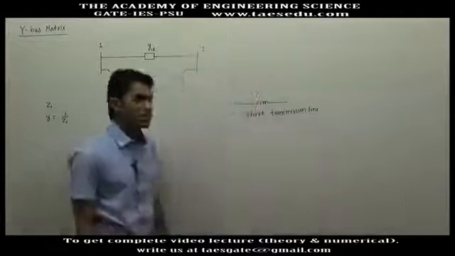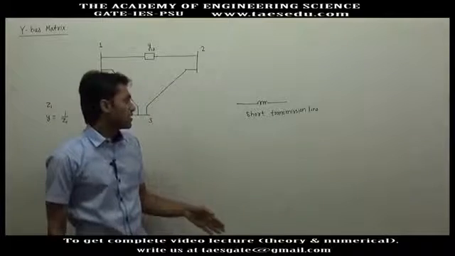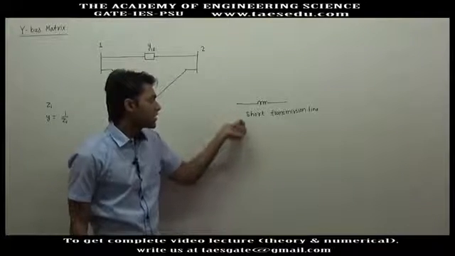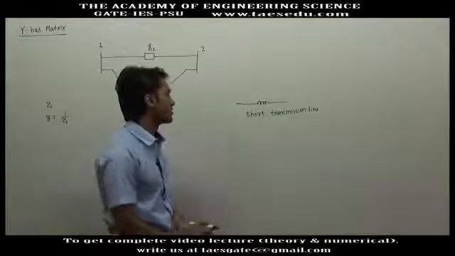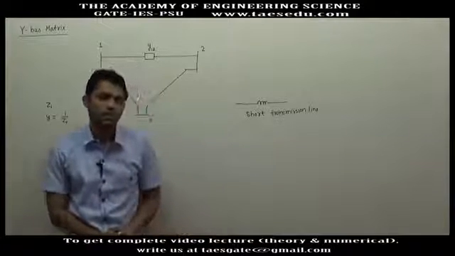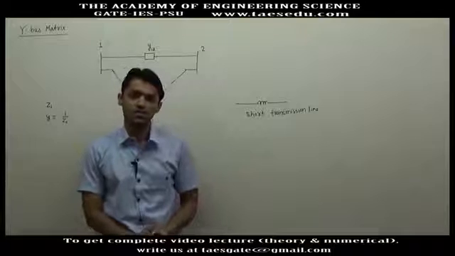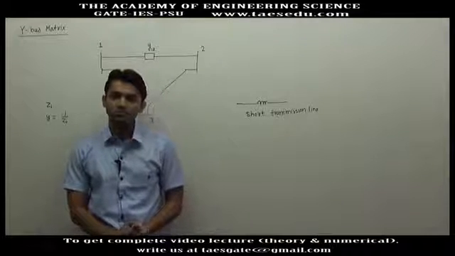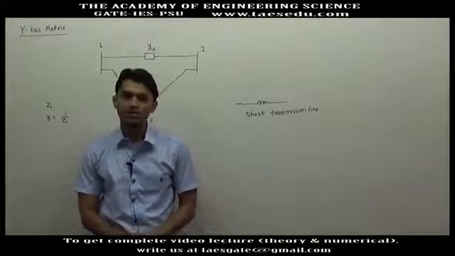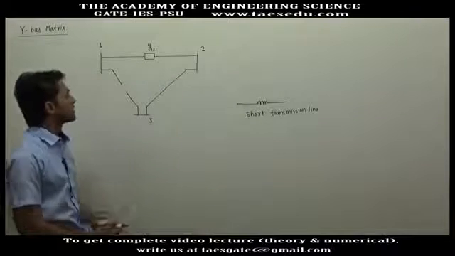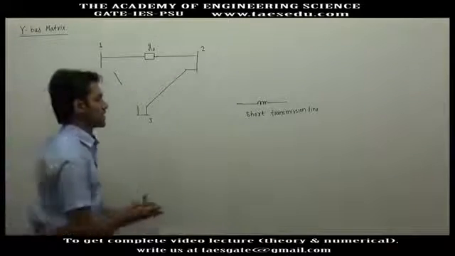In case of a medium transmission line, we would have to take capacitances also. That depends upon which type of modeling we are using for the medium transmission line. We may have the pi model or T model, so that we will discuss later. First we discuss the short transmission line.